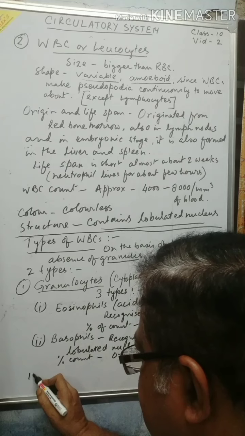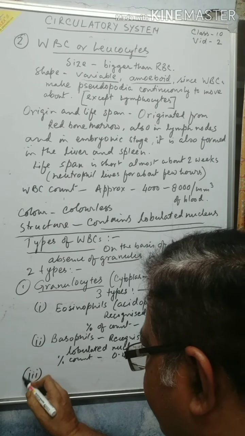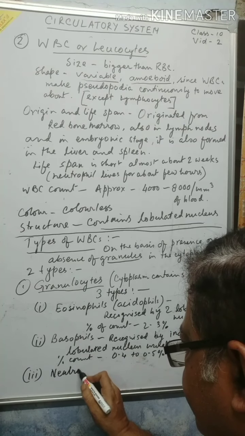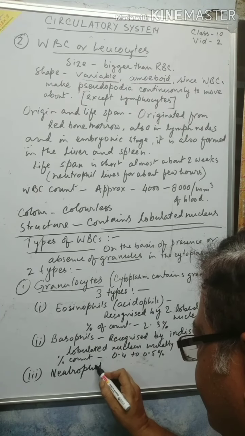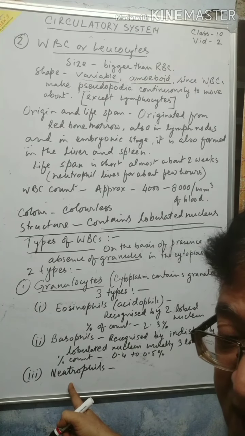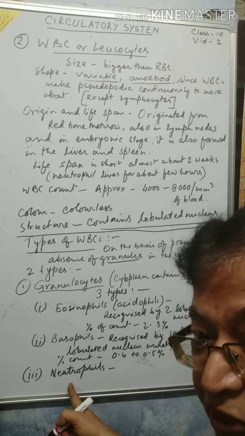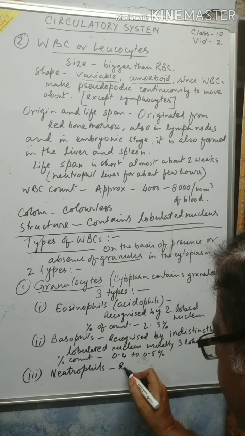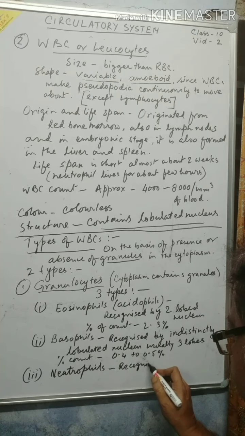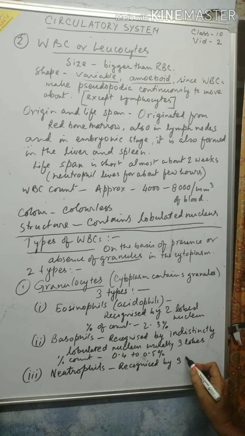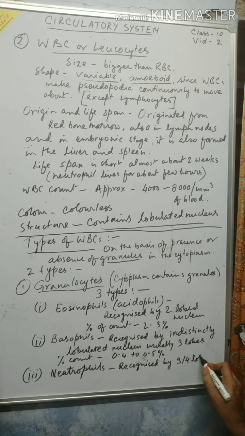And number 3 is neutrophils. They are named neutrophils because they are colored by neutral dyes. Recognized by three to 4-lobed nucleus.